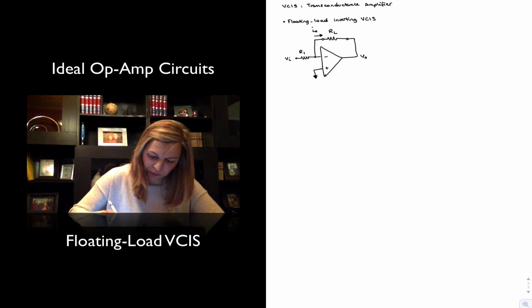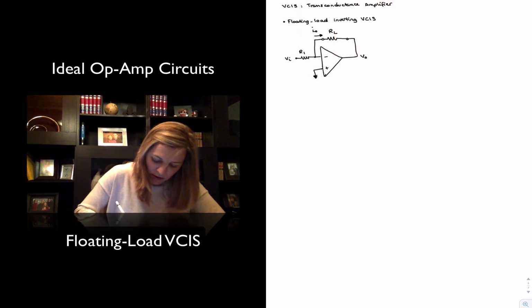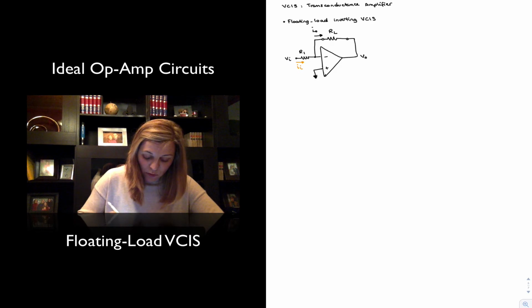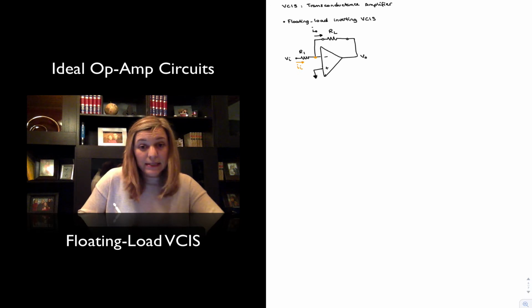And so we have some current flowing through resistor R1. I'm going to call it the input current. And we know that because there is a voltage V in applied. And then we know that the negative input terminal is sitting at the same voltage as the positive input terminal, since this is a negative feedback configuration.